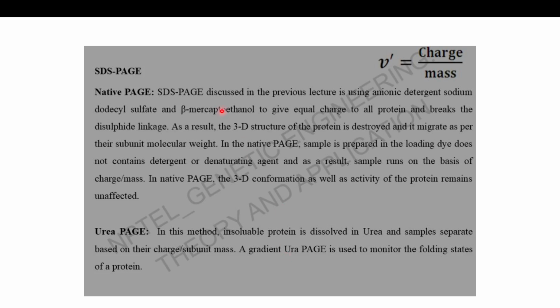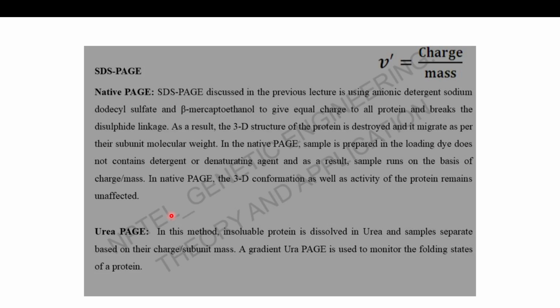Now we talked about SDS page. But SDS page is a denaturing kind of electrophoretic analysis, right? But you may want to separate the proteins based on their native structure. Suppose you want to study ligand binding to a protein, for example a calcium binding protein. You want to study what is the minimum concentration of calcium that can really affect its mobility.